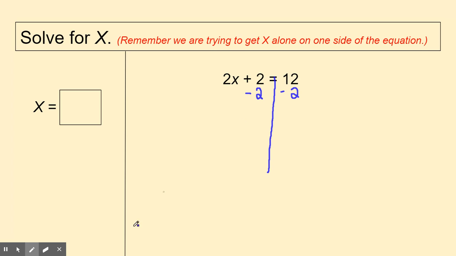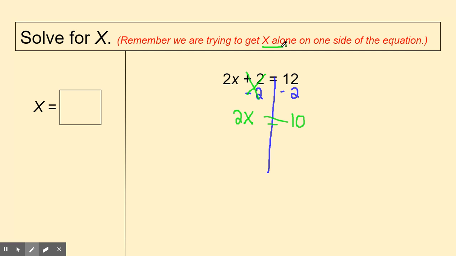And now we are left with 2x, because positive 2 and negative 2 cancel each other out. So we're left with 2x equals 12 minus 2. 12 minus 2 is 10. So now our equation is 2x equals 10.